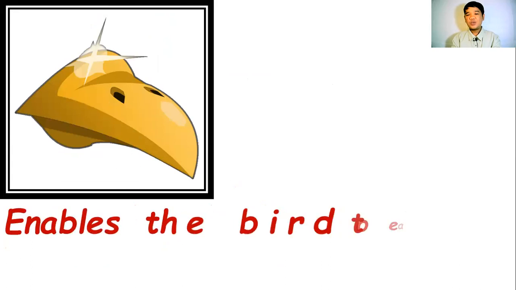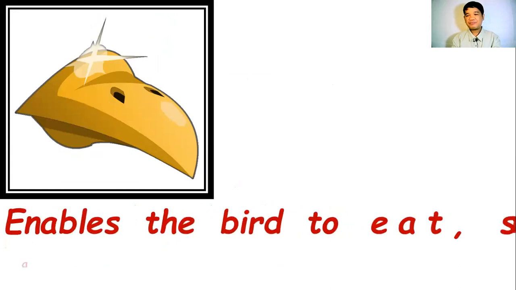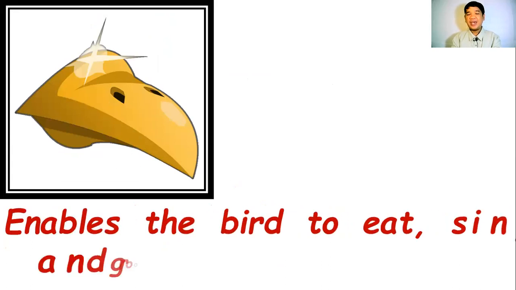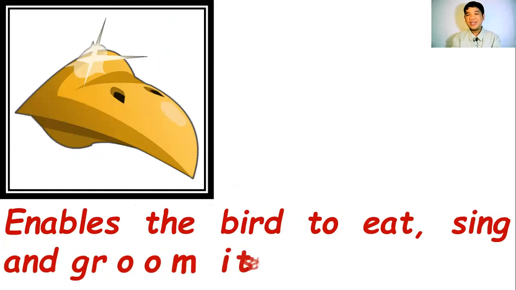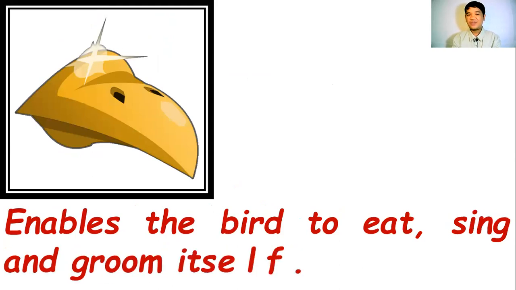All right. What do you call this part of the body of the bird, which enables the bird to eat, sing, and groom itself? What do you call this? All right, very good. We call it beak.